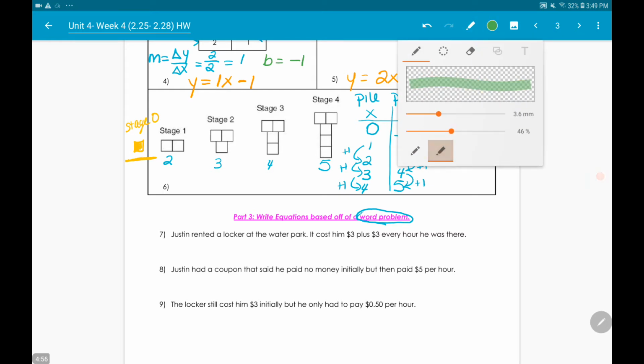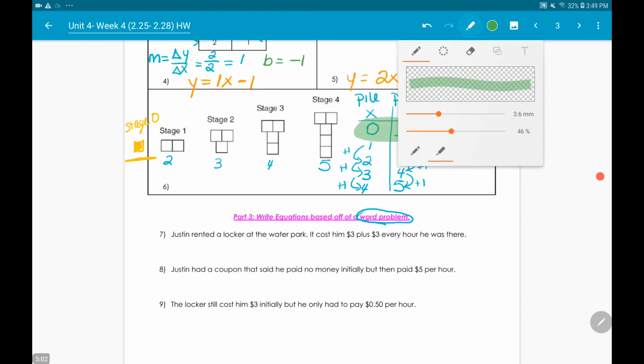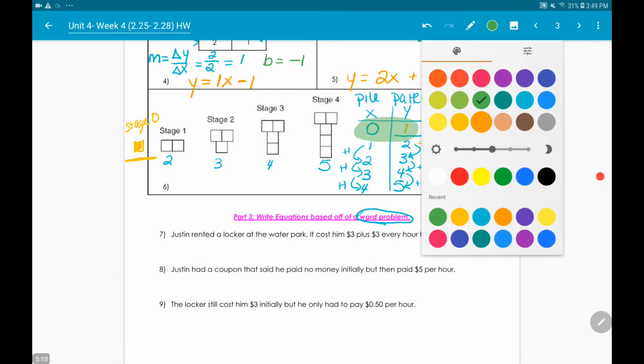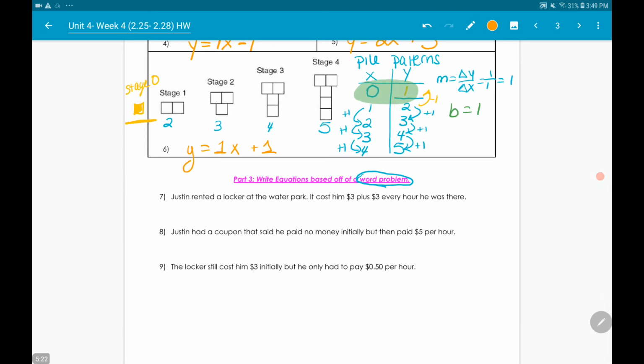And that is our y-intercept because x is equal to 0. So b equals 1. And let's write our equation. Y equals 1x plus 1.